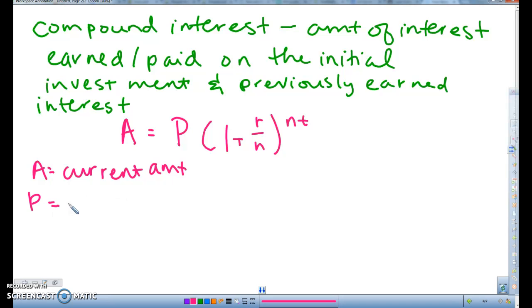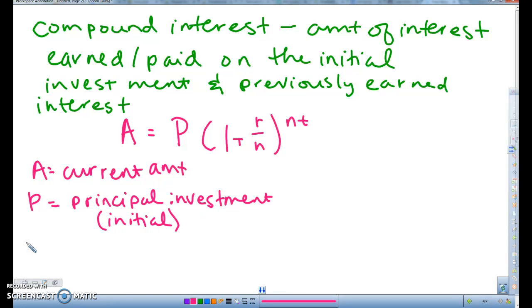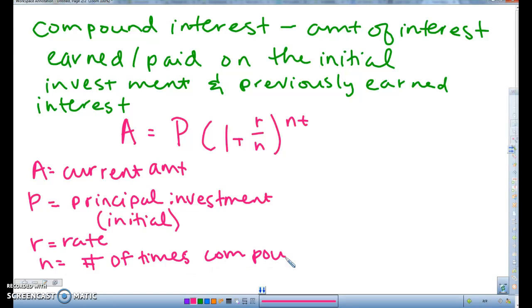P was my principal amount, or my initial. R, of course, is my rate. N is going to be the number of times you compound. And T would be time.